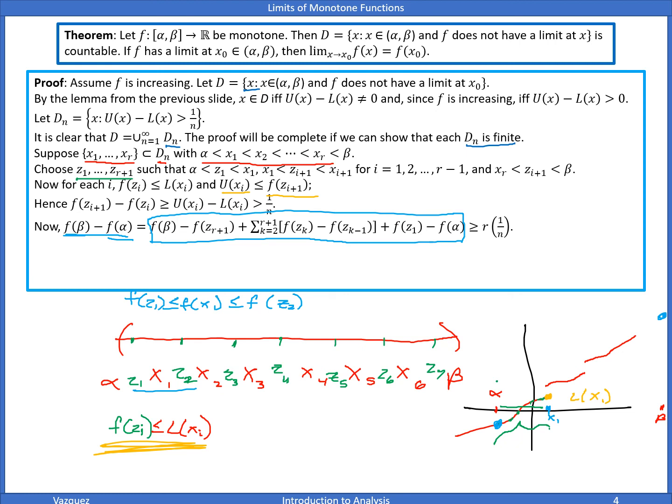And that is greater than r because we have our many x's, and they're all greater than 1 over n. So that's why this is greater than or equal to all the r's times 1 over n.